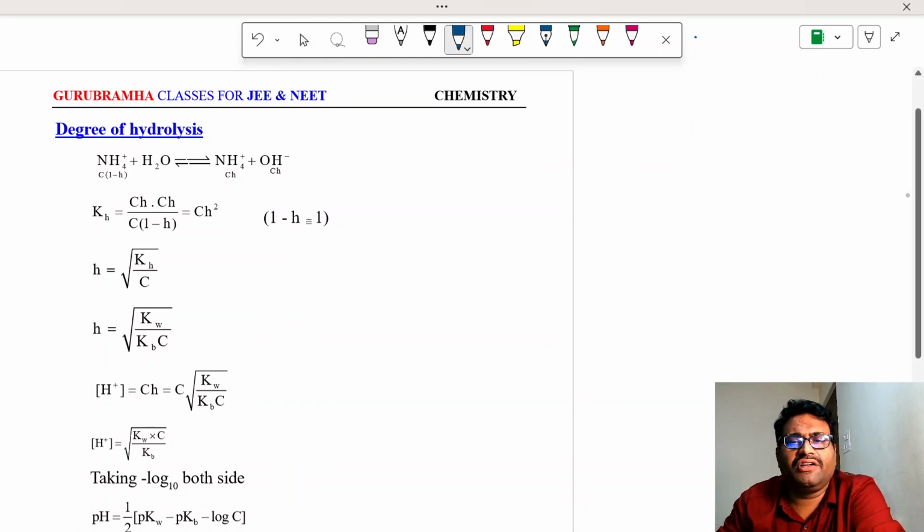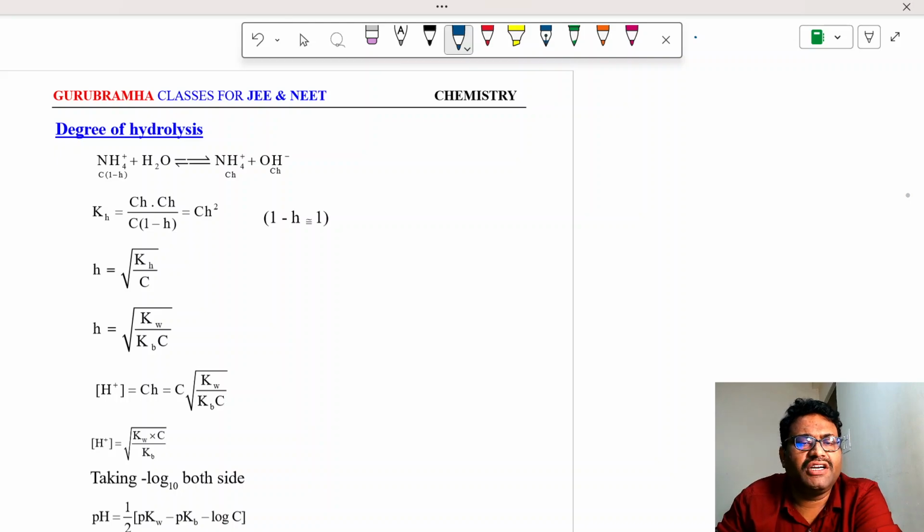So now we have seen Kw by Kb is equal to Kh. And let us see the degree of hydrolysis. What is this, the degree of hydrolysis?